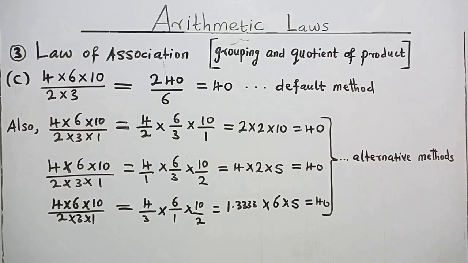For some reason, it is important that the numbers taking part in the product, or the dividend, equal the number that are in the divisor. In the dividend, we have 3 numbers. In the divisor, we have 2 numbers. To even out those differences, 1 is introduced, so that in the end we have 1, 2, 3 as dividend, 1, 2, 3 as divisor.